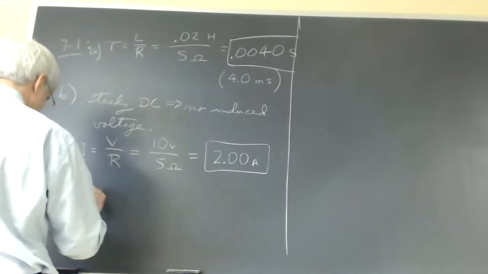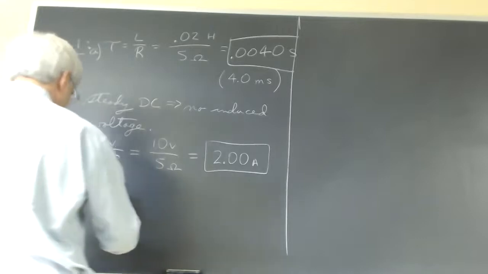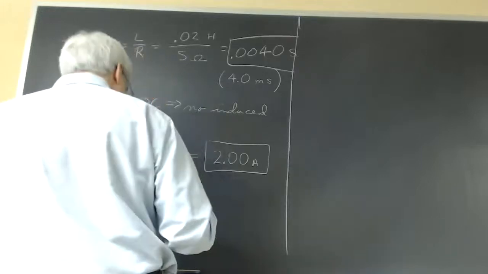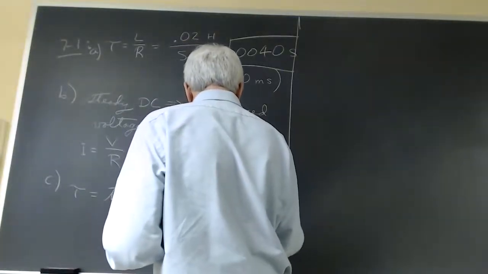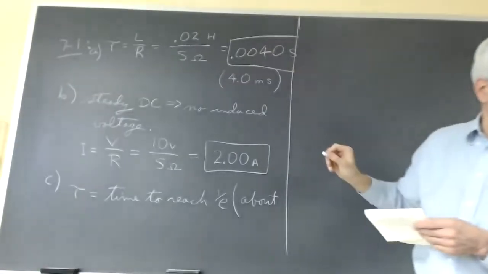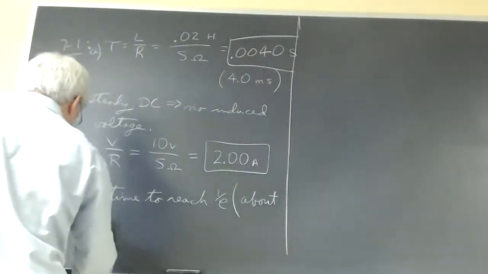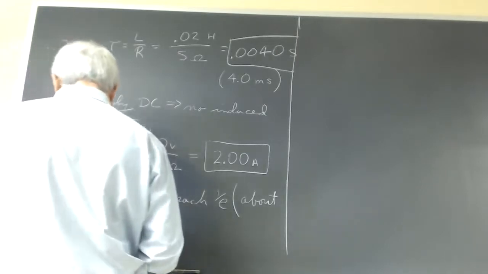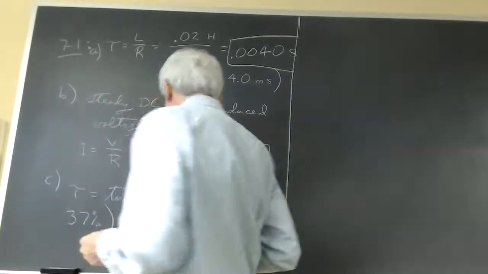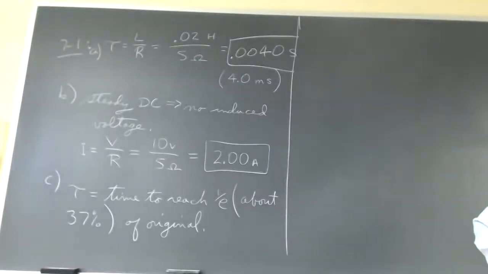Time constant means the time needed to reach about 37%, 1 over E to be precise, of the original, in this case, the original current.